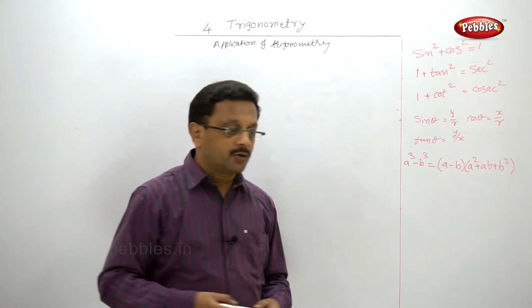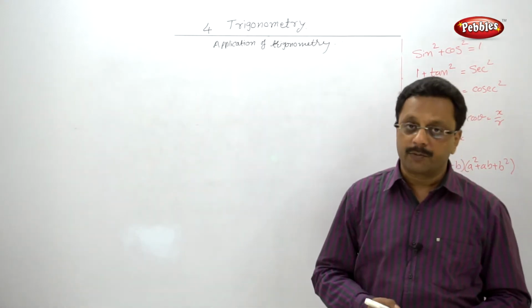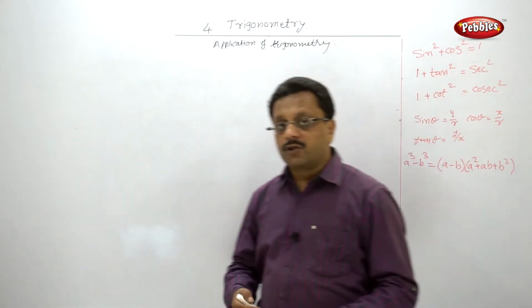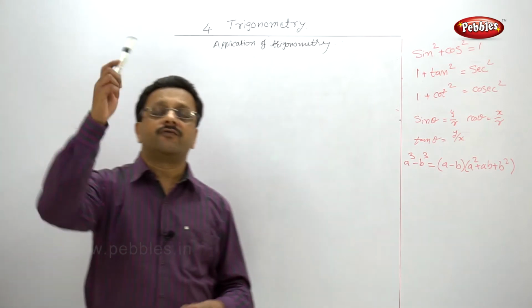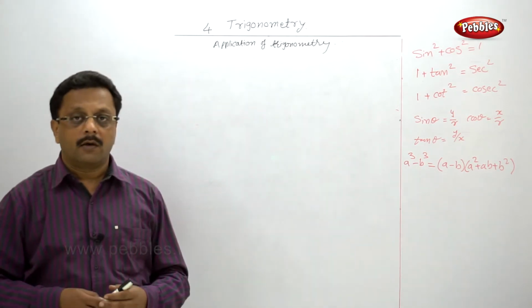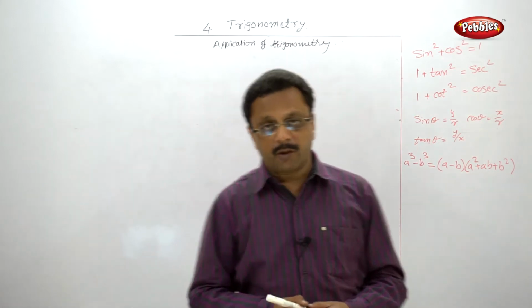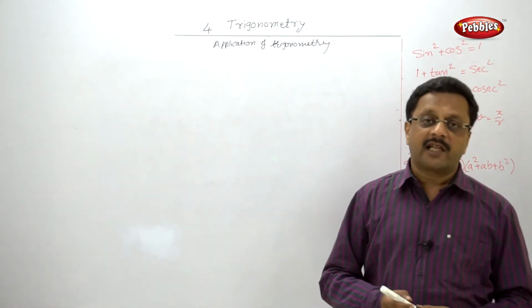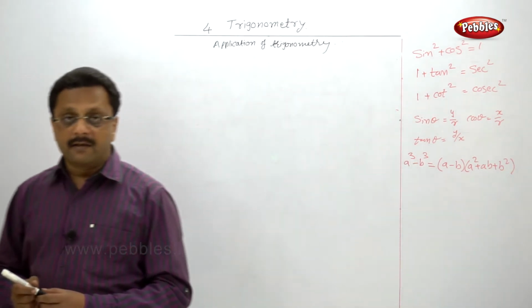Now suppose, for example, you have a flag post in your school ground and they ask you to find out the height of that flag post. How will you find out? The flag post is very high, the height is not known. Are you going to use a measuring tape there? No, it is not possible. We have instruments like sextants where you can find the angles.